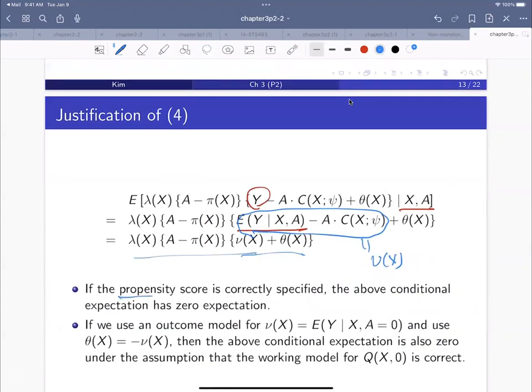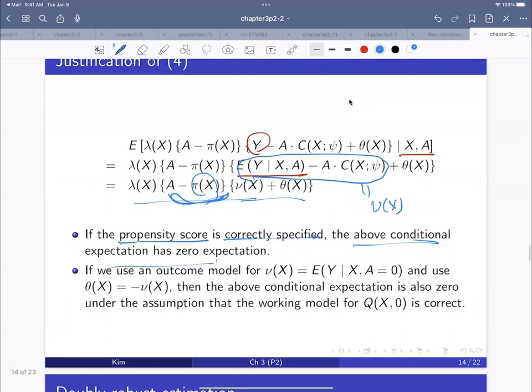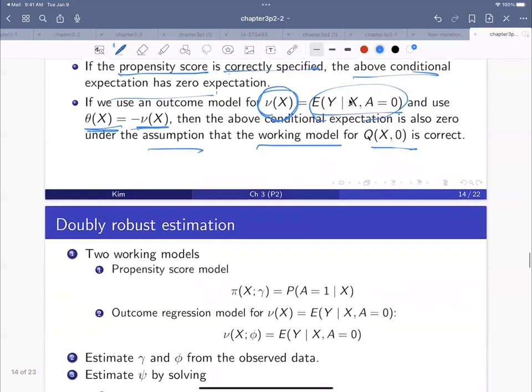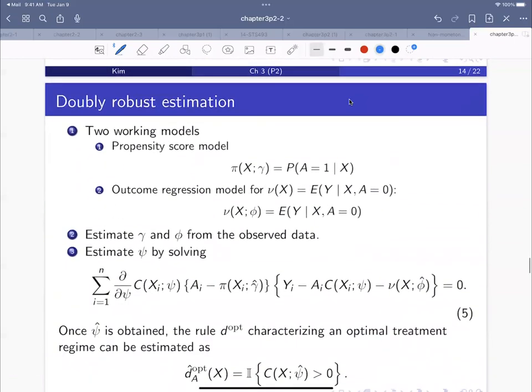Okay. So if the propensity score pi is correctly specified, then this second term is 0, right? If we have a model for nu(x), which is the baseline Q function, and use that to be the minus of the zeta(x), then the last term is 0 under the assumption that the working model for Q(x) is correct. So that gives a very interesting doubly robust estimation argument.